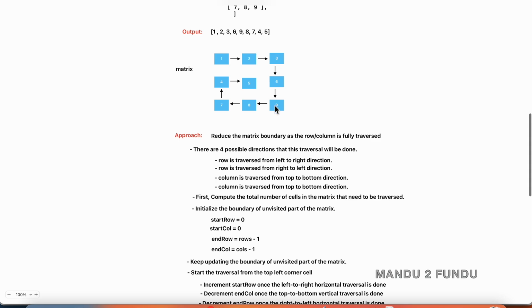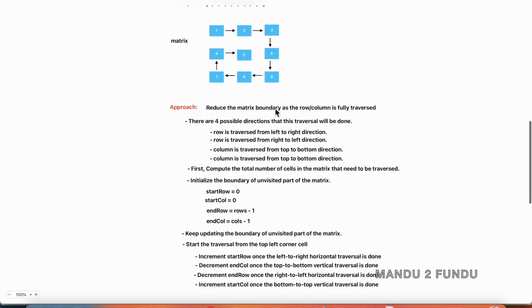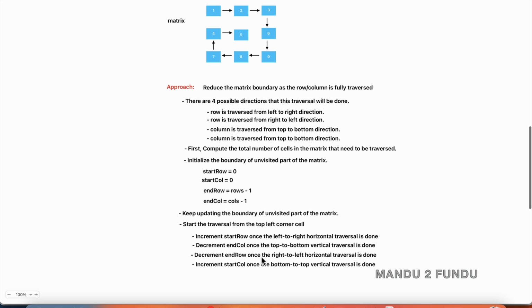Then decrement the end row once the right to left horizontal traversal is done, and increment the start column index once the bottom to top vertical traversal is done. So when this is completed, we have to increment the start column index.